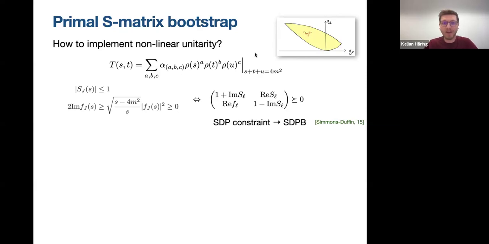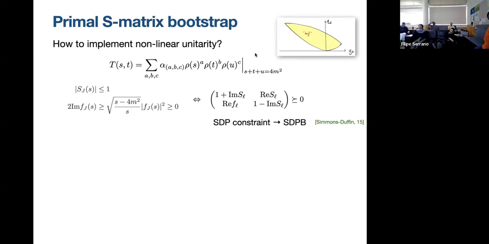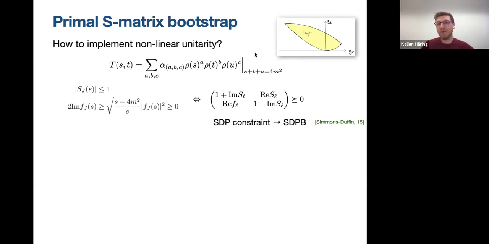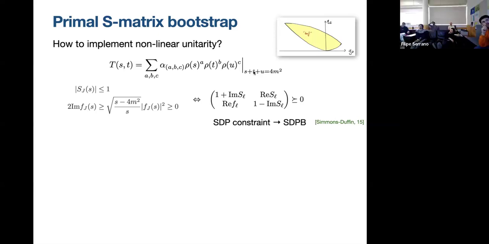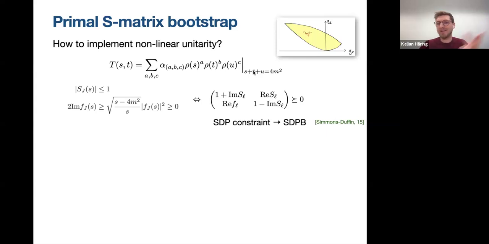So at this point, I would like to emphasize that because we built an explicit amplitude, we first of all got bounds, but we did not only get bounds, we have an explicit amplitude which satisfies analyticity, crossing, and unitarity. And now that we have such an amplitude, we can look into it and inspect some features. So we can look at resonances.